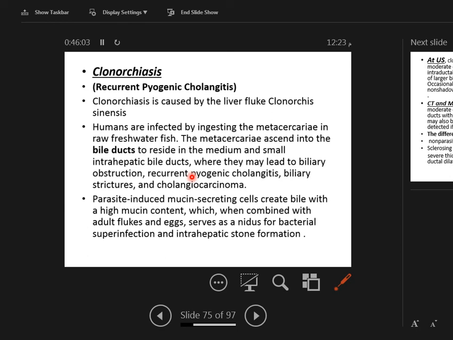Cholangitis, recurrent pyogenic cholangitis. It's also the infection where the metacercariae ascend to the bile duct and rise in the medium and small intrahepatic bile ducts.